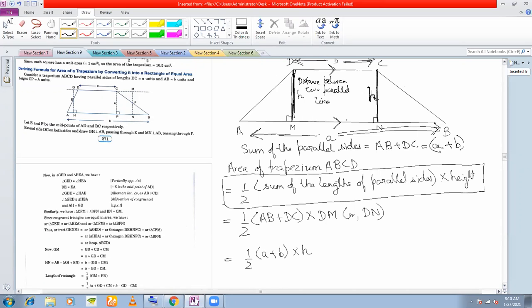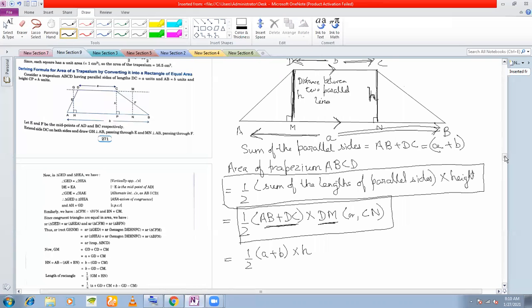Okay, so if I take the height of the trapezium as h, then in terms of capital A, B, C, and D, I can write the formula in this manner: the sum of the parallel sides is AB plus DC into DM, where DM is the height, or you can also write CN, not DN here, CN.